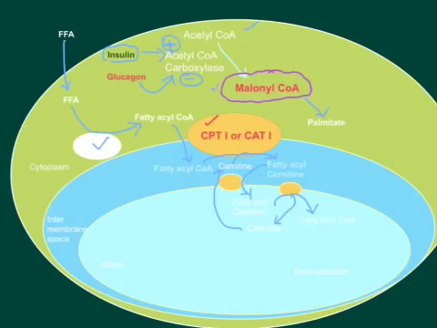Now whenever the malonyl-CoA in the cytoplasm is high, that malonyl-CoA will have a negative effect on CPT1 or CAT1 enzyme. So the high concentration of malonyl-CoA in the cytoplasm will keep CPT1 or CAT1 inactive, thereby fatty acyl-CoA is not converted into fatty acyl-carnitine.